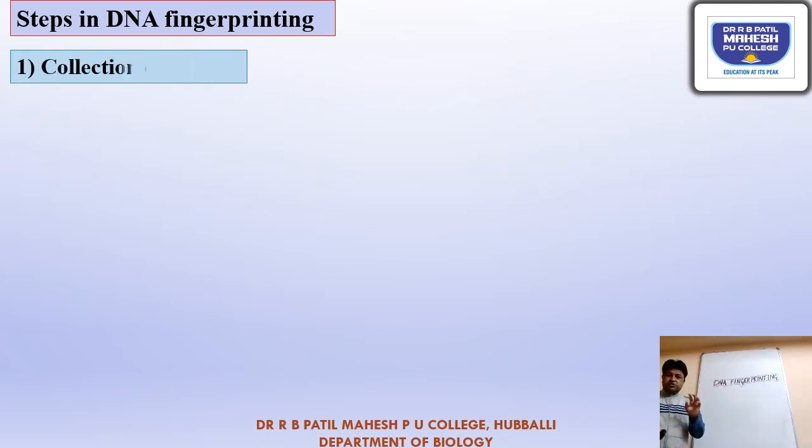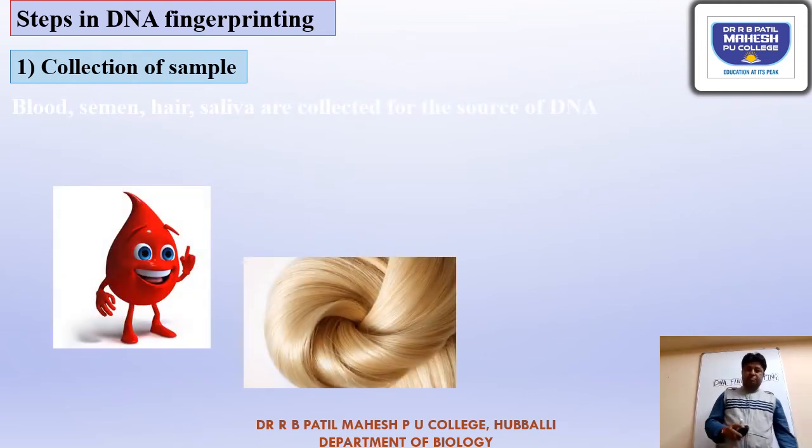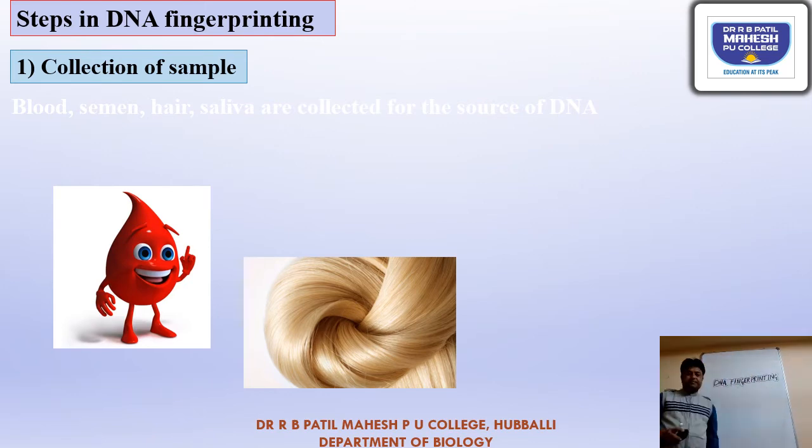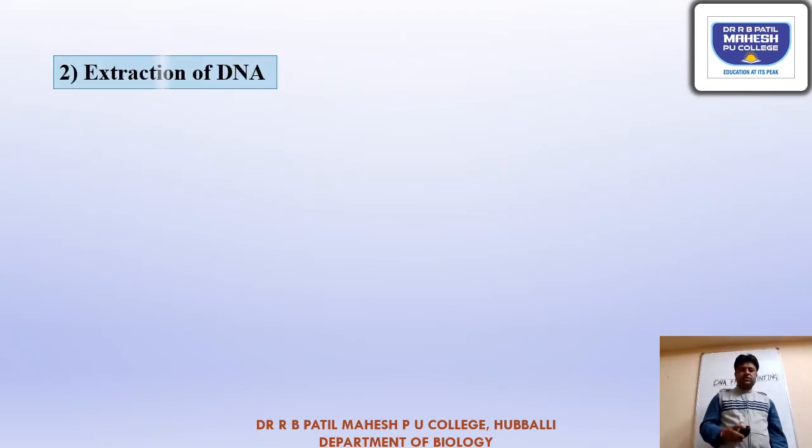The first one, cells, biological samples. It may be blood, semen, hair follicle, saliva. They are collected as a source of DNA.